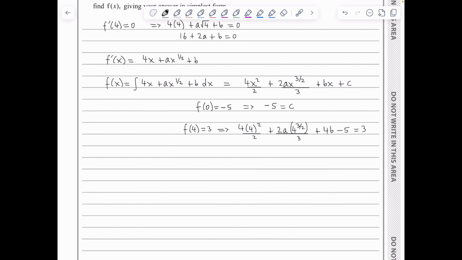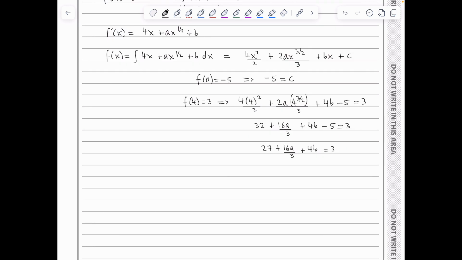This leads to 32 plus 16a over 3 plus 4b minus 5 is equal to 3. And therefore, we get that 27 plus 16a over 3 plus 4b is equal to 3.